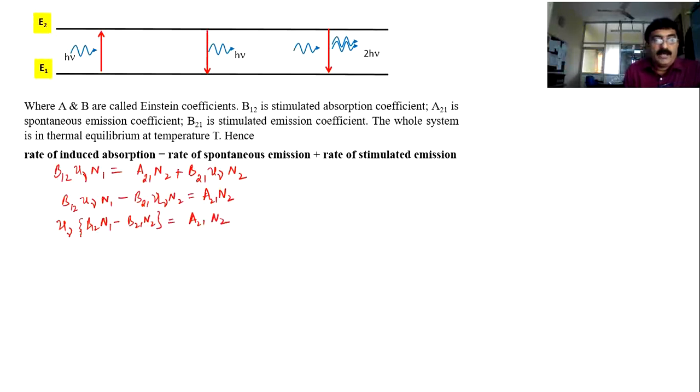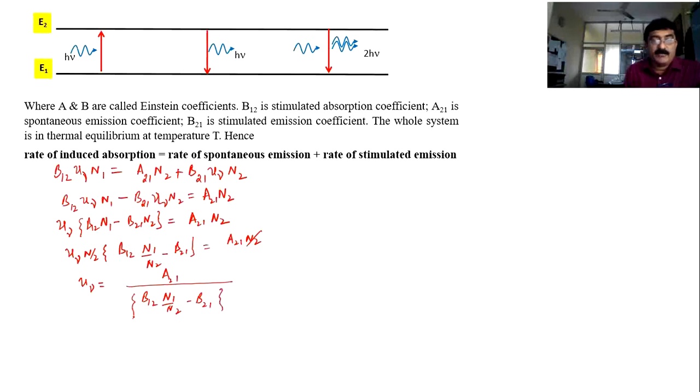Better you take N2 also common factor, then it is B12 N1 by N2 minus B21, that is equal to A21, right? Now you cancel N2 on both the sides, then U nu is equal to A21 numerator divided by B12 N1 by N2 minus B21.